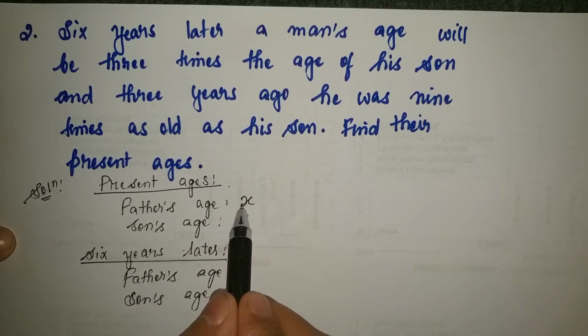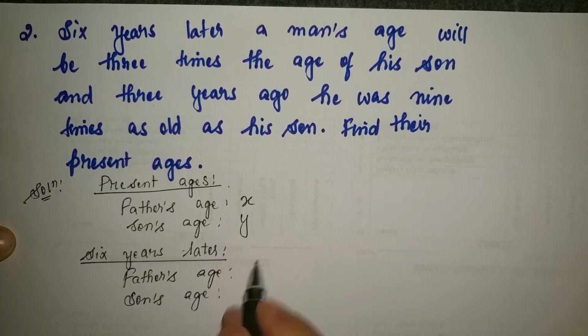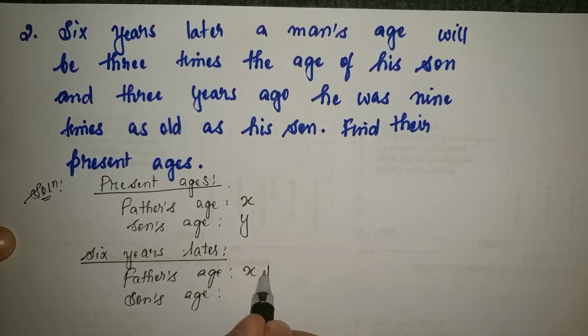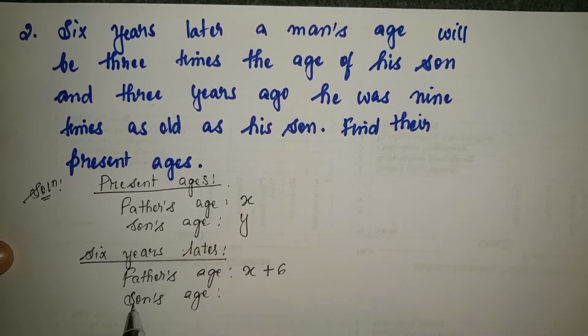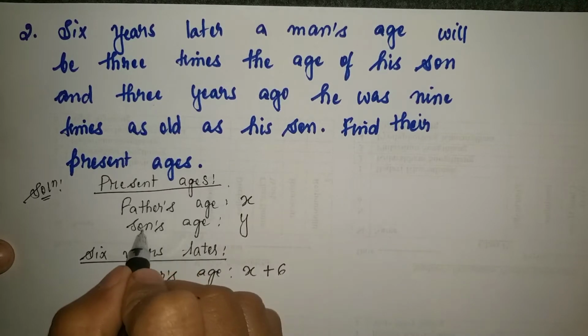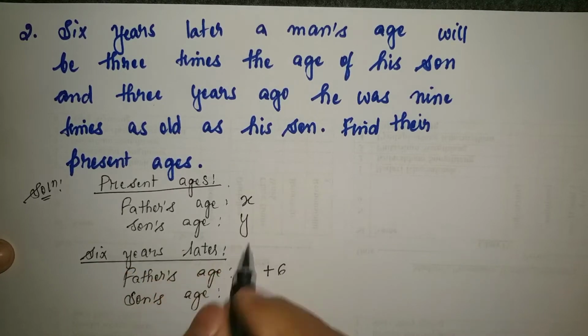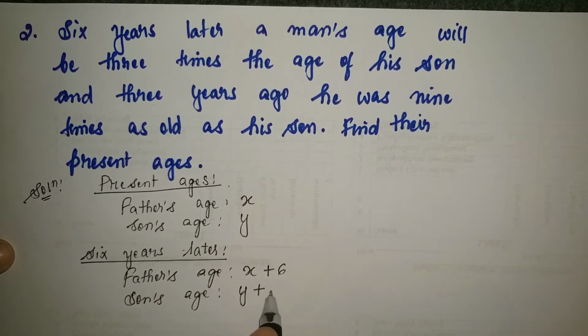From the present age of the father, we have to add 6, it means 6 more years. Same with the son's age, from y we have to add 6 more years.